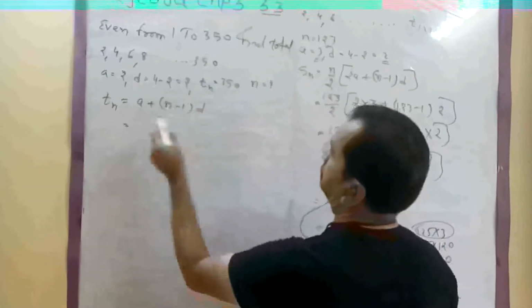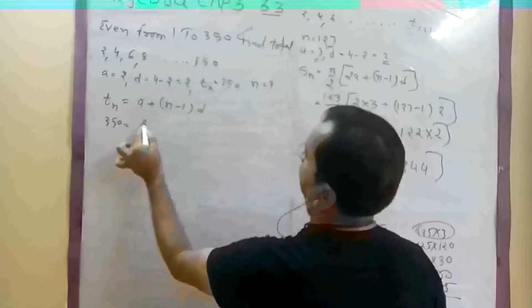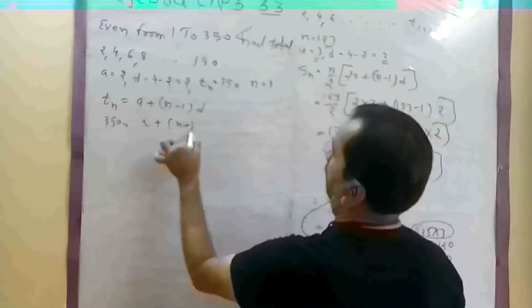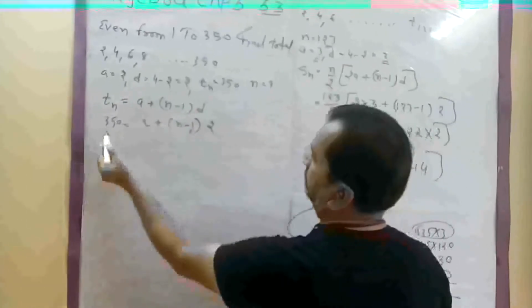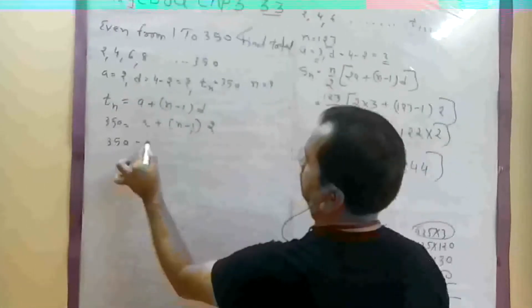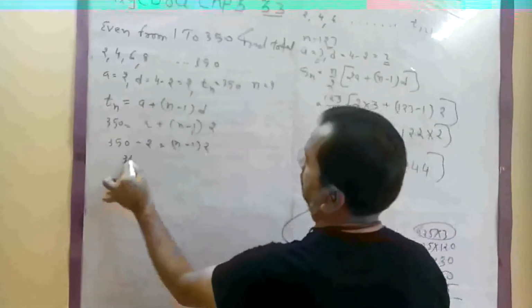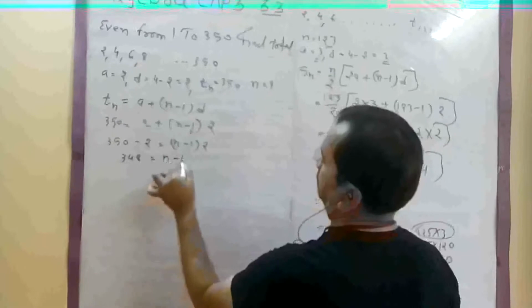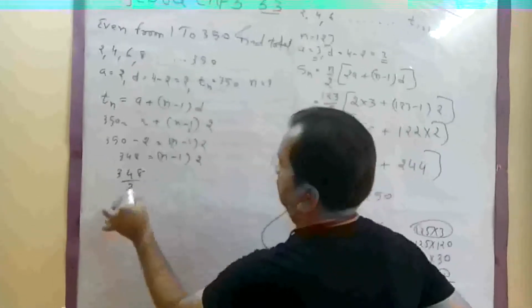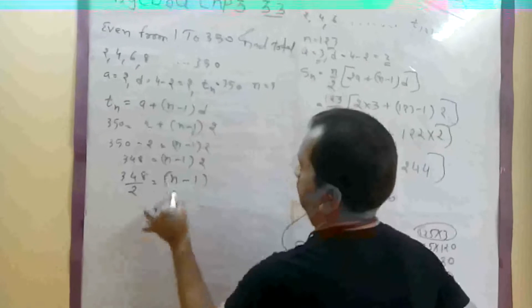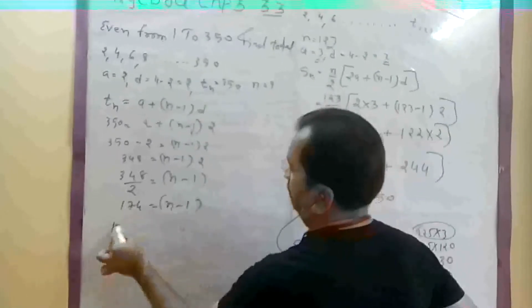Tn is given as 350, A is given, n is not given. D is given as 2. This comes this side, so this is 348. Divide by 2, 174, plus 1.